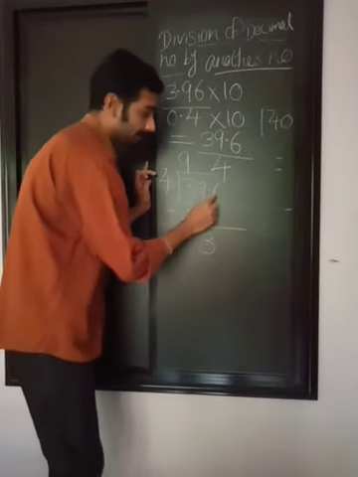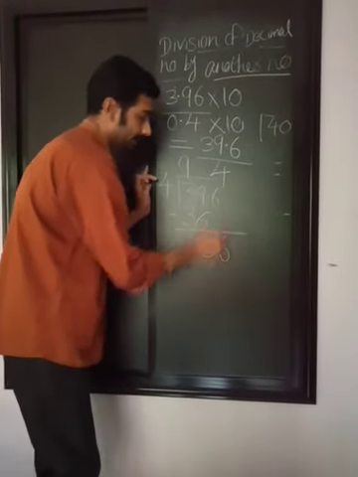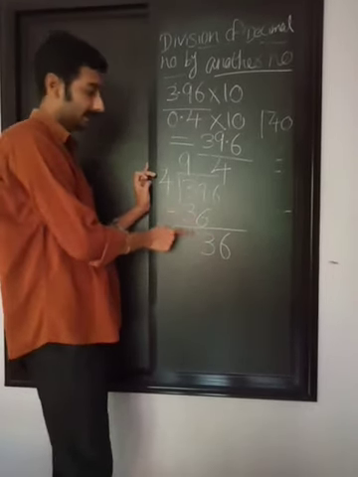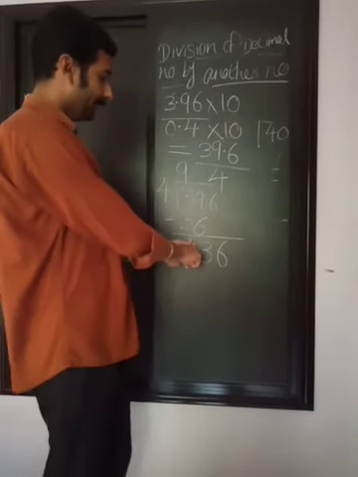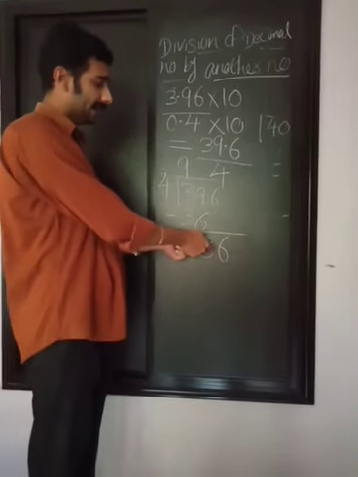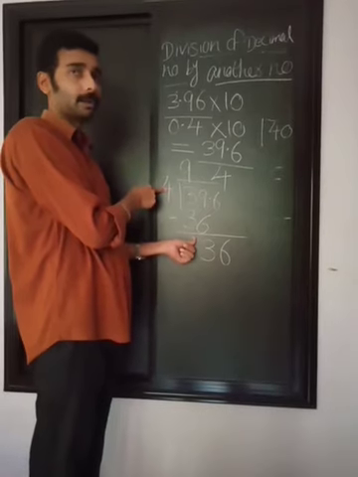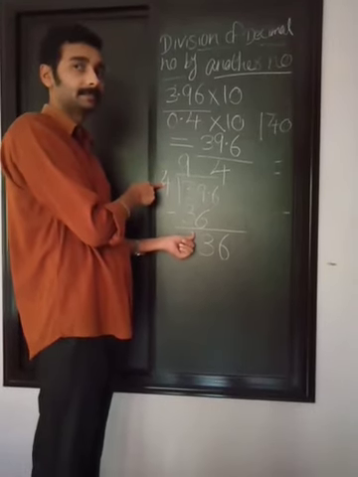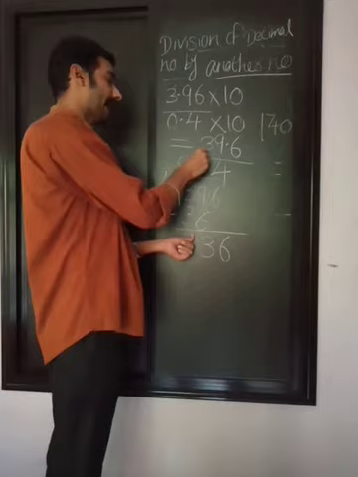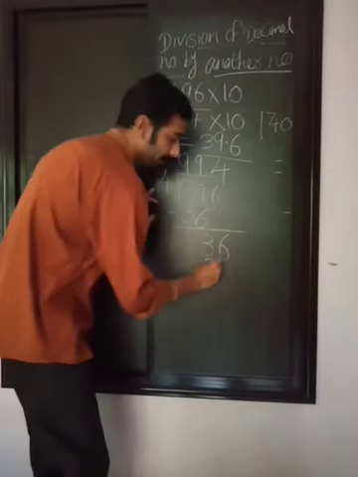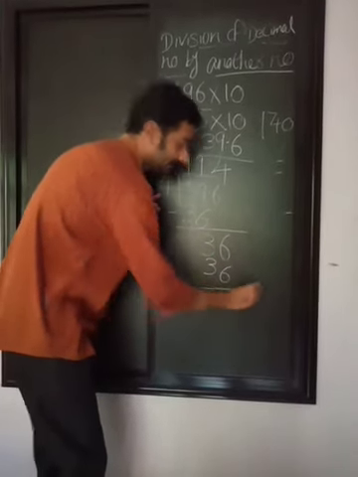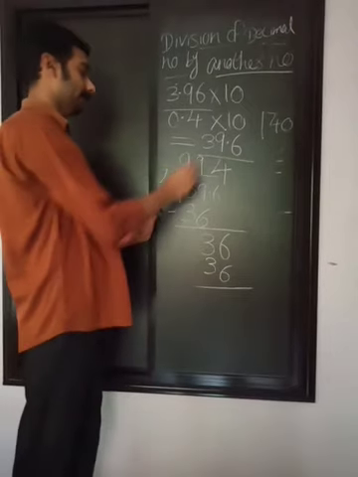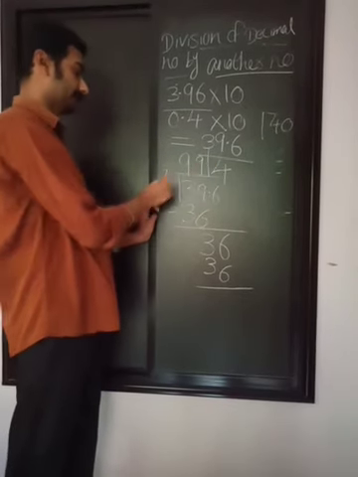Then we put 6 and 3 minus 3 is 0. Then 36 divided by 4. How many times? 9. That means 9 into 4 is 36.